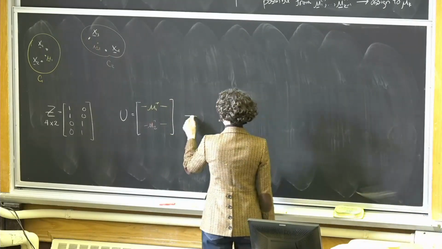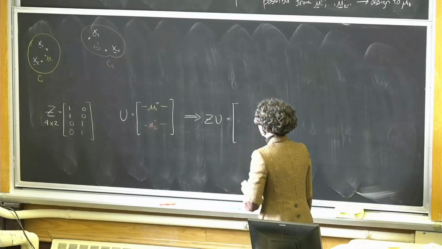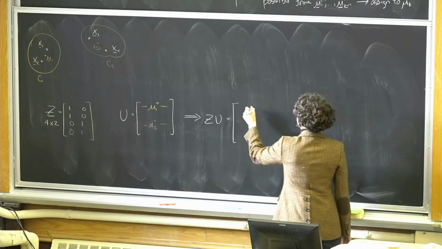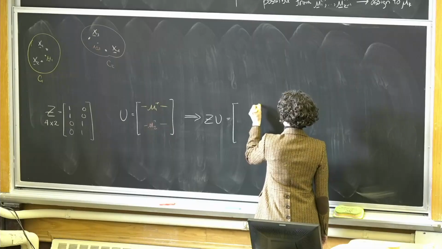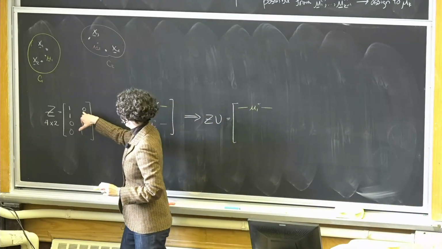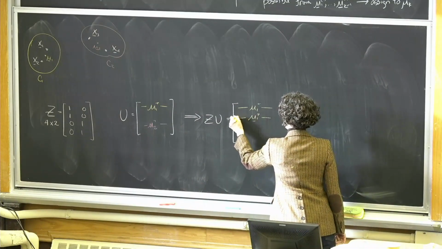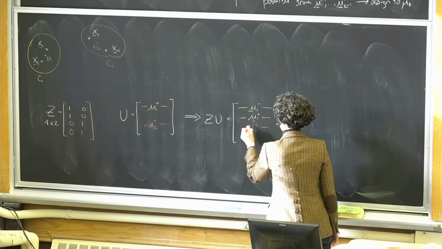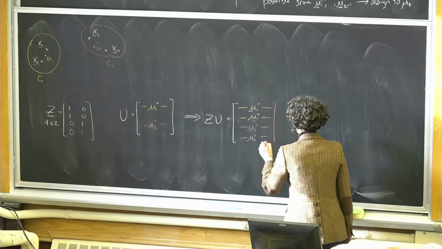Now if I multiply these together and look at the product ZU, then in my first row I get mu1 transpose, because I'm multiplying by this here. In my second row, I will also have mu1 transpose. In my third row, I will have mu2 transpose. And in my fourth row, I will have mu2 transpose.